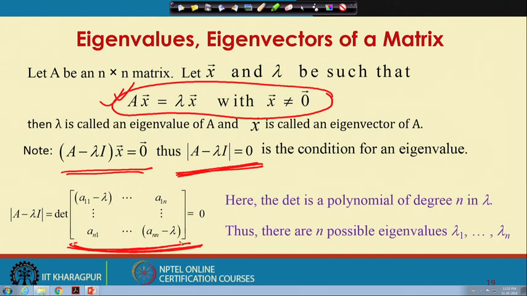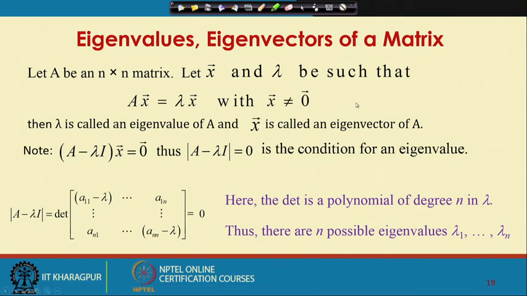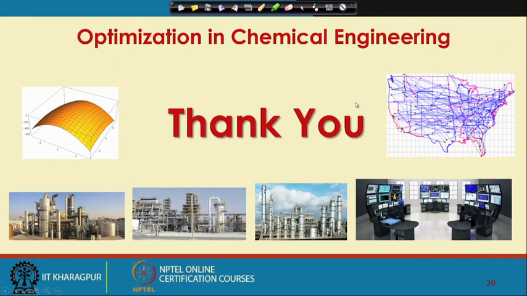So, lambda 1, lambda 2 up to lambda n are the n possible eigenvalues of the matrix A with dimension n by n. So, with this I stop our discussion on review of linear algebra as well as the discussion on week 1.